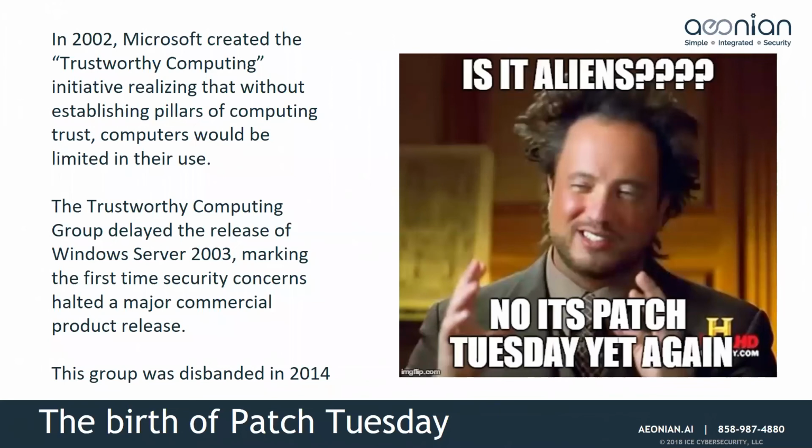And it was the first time within Microsoft, and the first time that I know of, where a major release of a major product was delayed due to security concerns. And I don't know if anybody can talk about this and how it gets judged in history, but Bill Gates backed up the security czar, and Patch Tuesday was born as their compromise, as a way to continuously secure systems so they didn't ever have a delayed release.